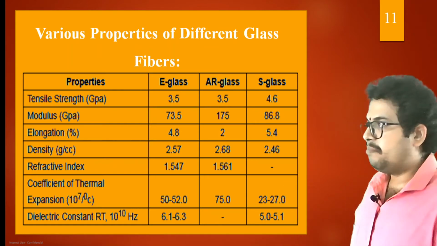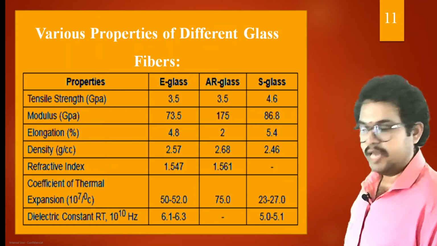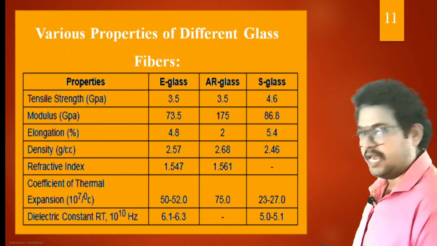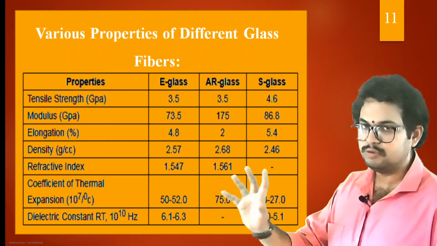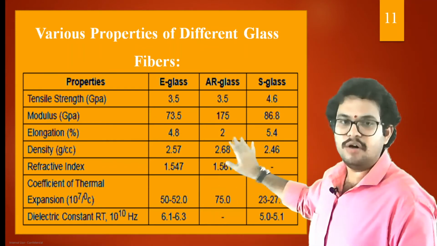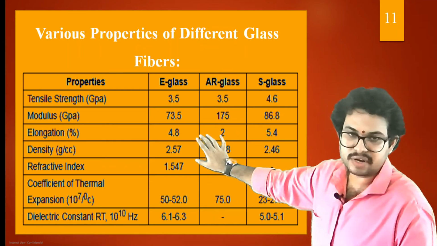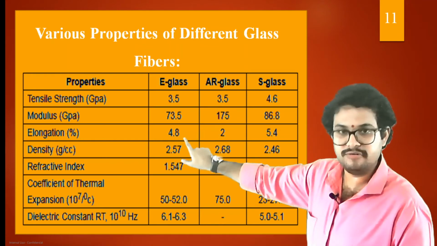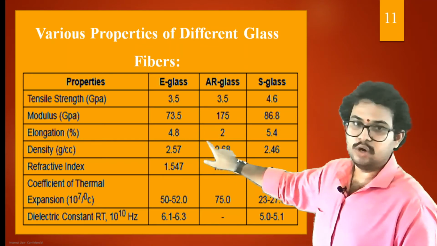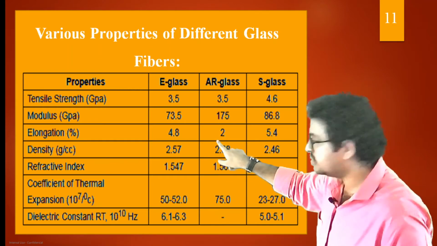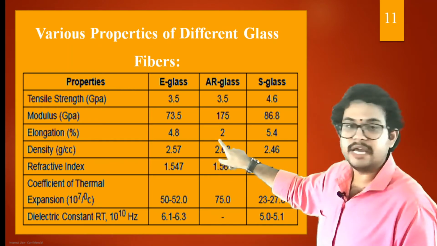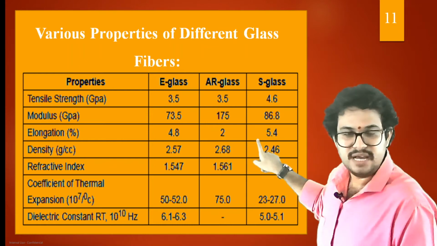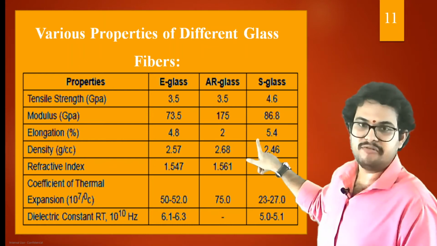When you apply some tensile forces, an object will undergo elongation, right? Elongation is obviously taken in terms of percentages. The elongation of E glass, the electrical type glass, can be approximately 4.8%, whereas in the case of AR glass, the alkali resistant glass fiber, it is up to 2%, and regarding S glass, the high performance glass, it is up to 5.4%.